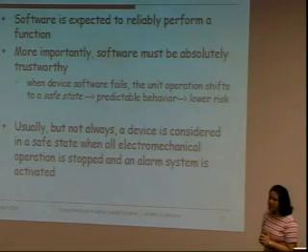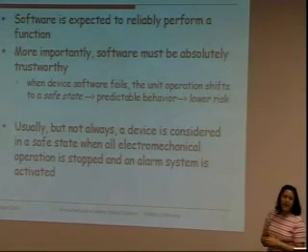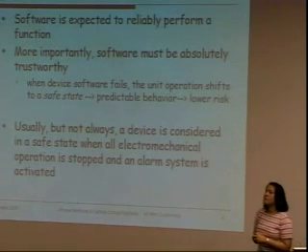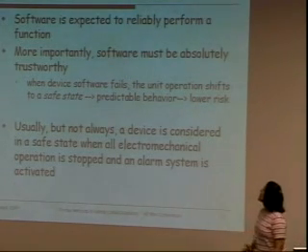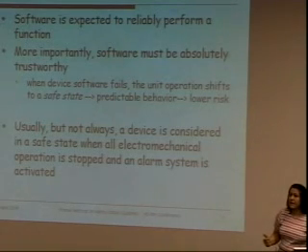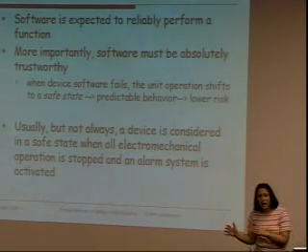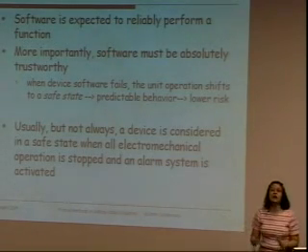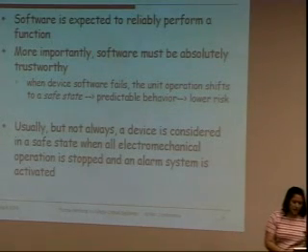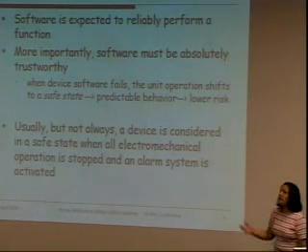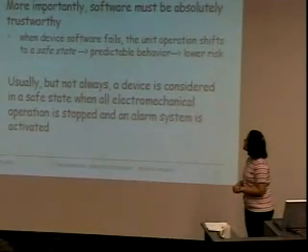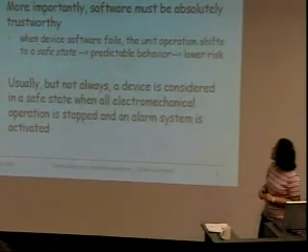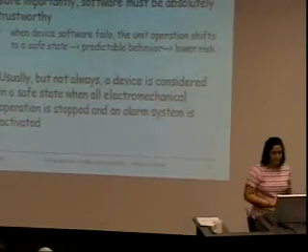Having that, predicting the behavior of the system, we can minimize the risk that exists in the software. So you don't have a highly reliable system, but at least you have a trustworthy software system. Usually in medical devices, the device is considered in a safe state when all electromechanical operation is stopped and an alarm system is activated.